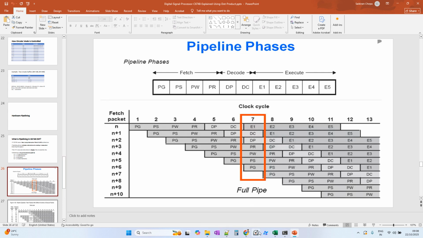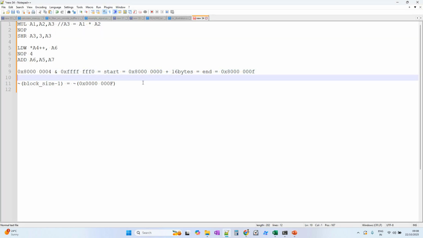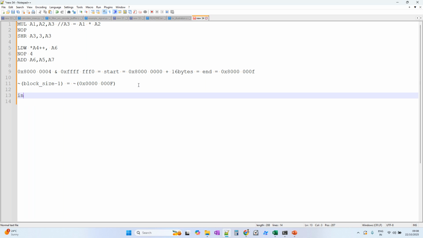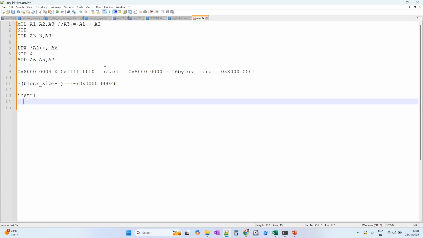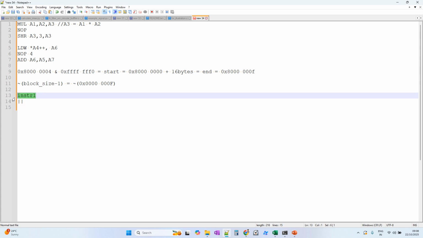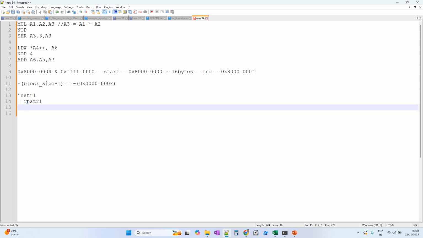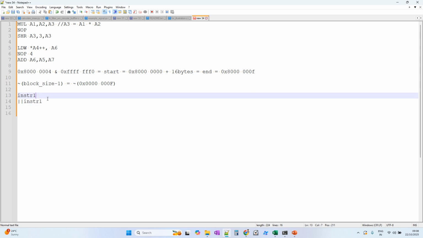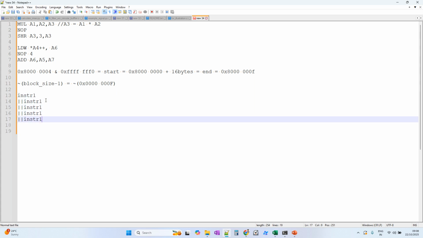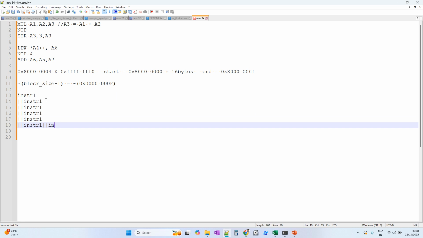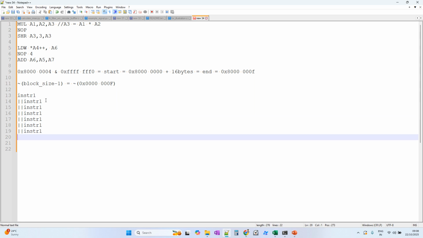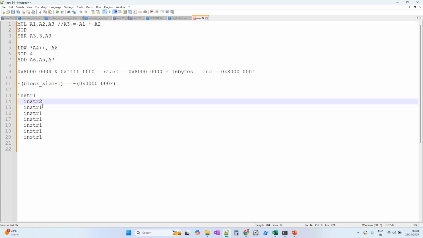If that is not the case, what I mean to say is, here is instruction 1, and then parallelly instruction 2, instruction 3, instruction 4, 5, 6, 7, 8.